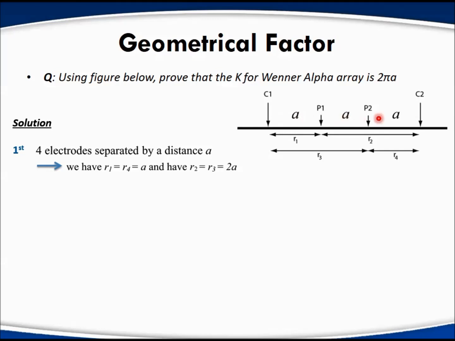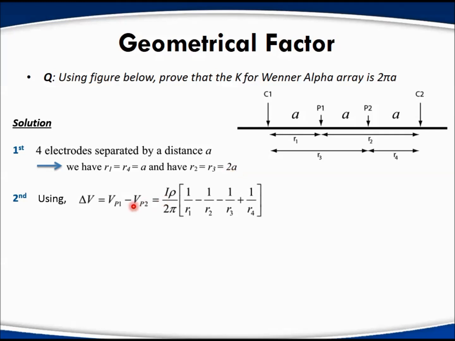They have an equal distance, and we consider that it is A. So first we have R1 and R4 equal to the electrode spacing A, while R2 and R3 are double of A, so R2 and R3 is 2A.